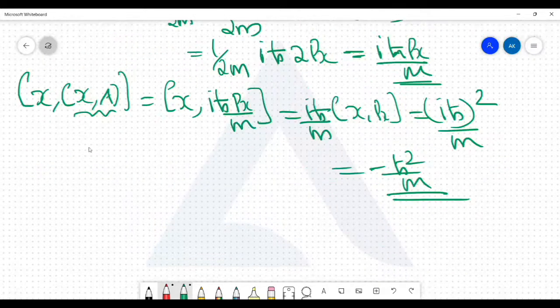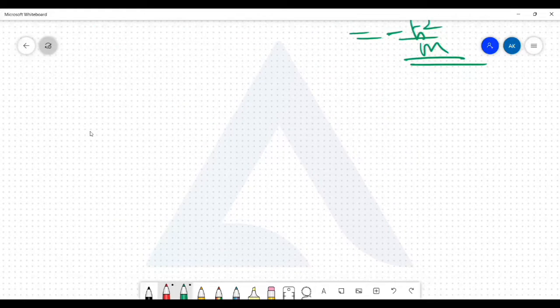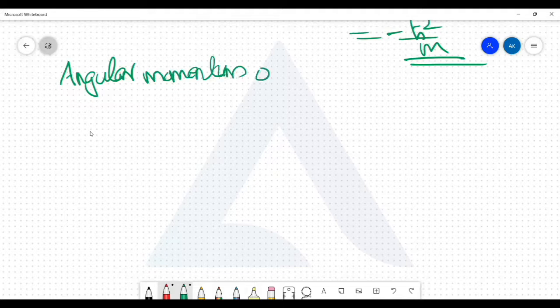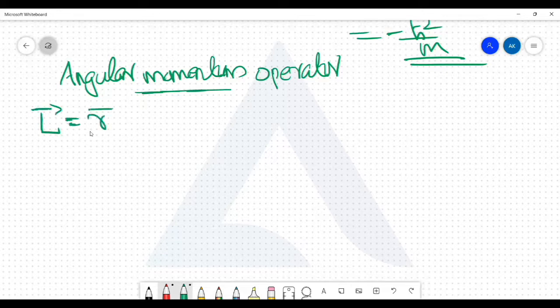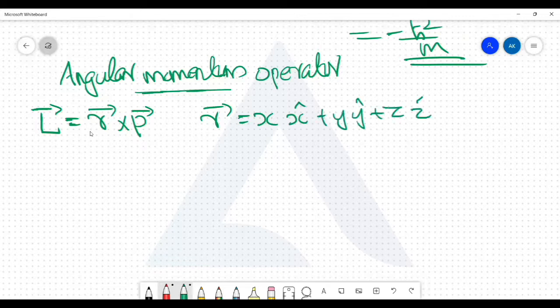Now, this is all about differential operators. Now, let me introduce you to the angular momentum operator. Your angular momentum vector L is equal to R cross P. What is R actually equal to? x x-cap plus y y-cap plus z z-cap.